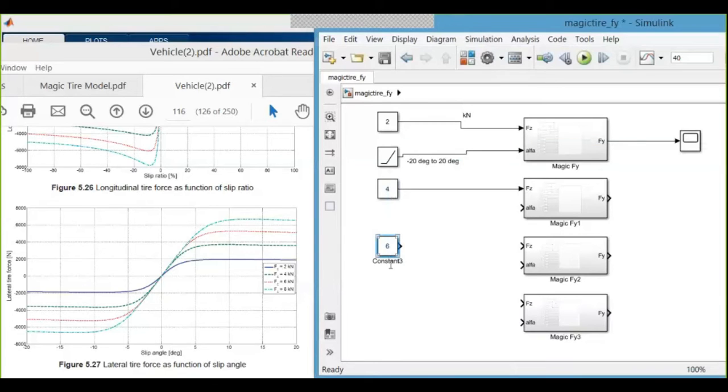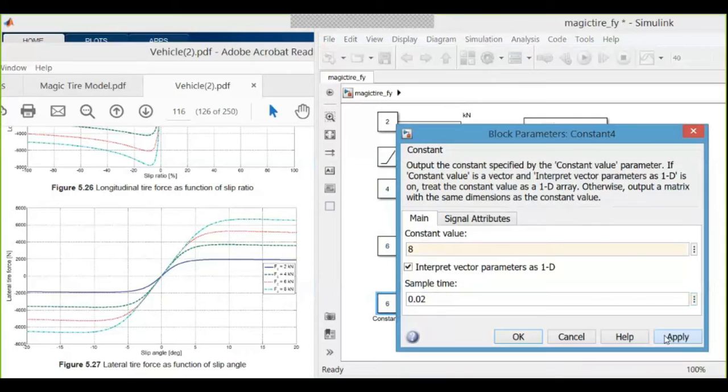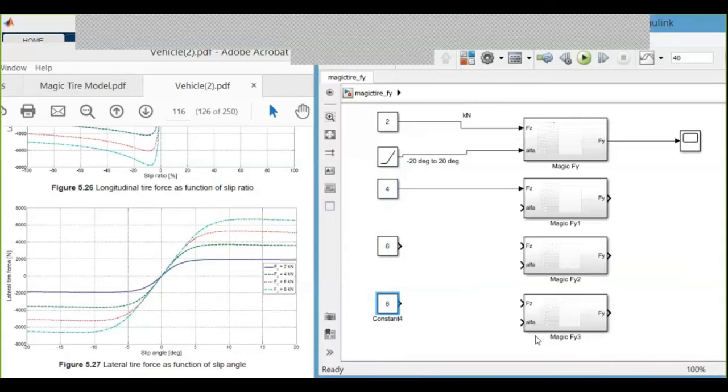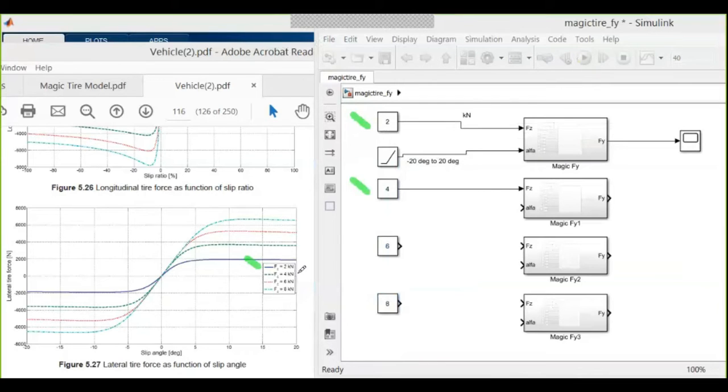And then 8, just change to 8. So we have 2, 4, 6, and 8 kilonewton. So we need to analyze at 4 different vertical loads.